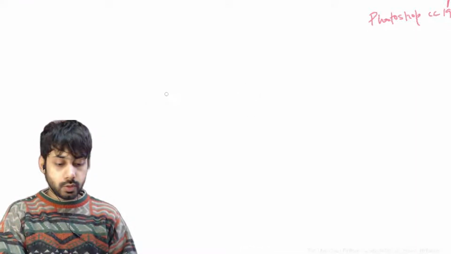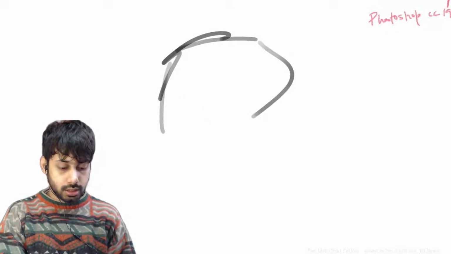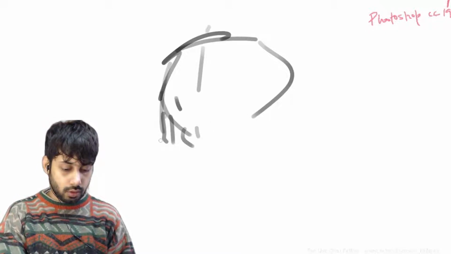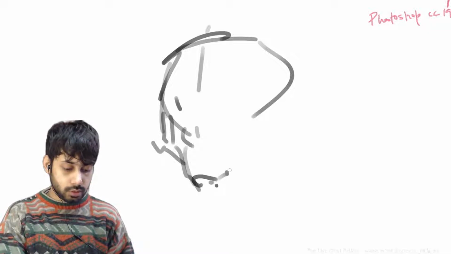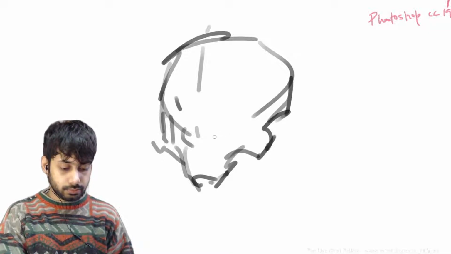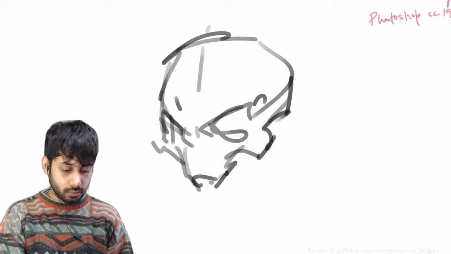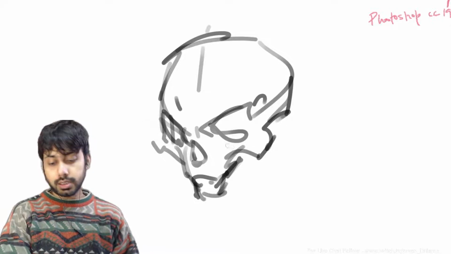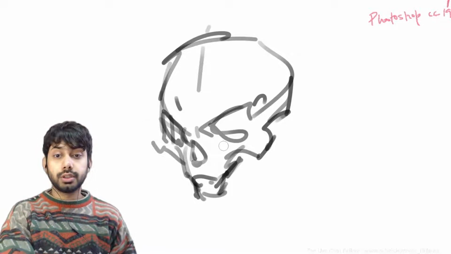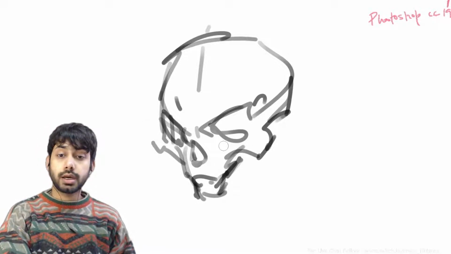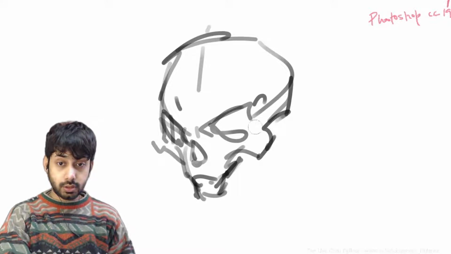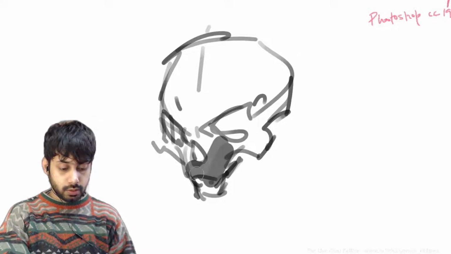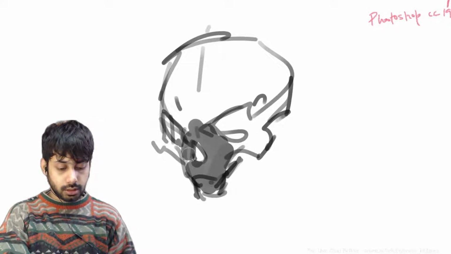So what I usually do is I draw like this any character that I want to draw. Suppose a skull. I just do it like this. So once this is done, I just increase the brush size, and keep this in mind, guys. I am not changing layers now. I am just on the same layer, and I then start filling the color.